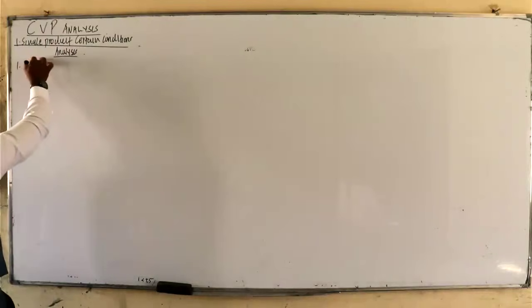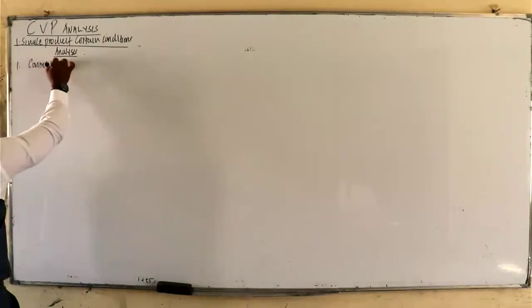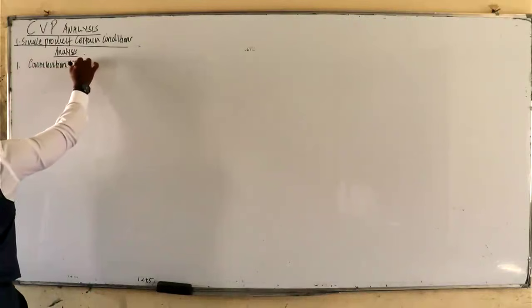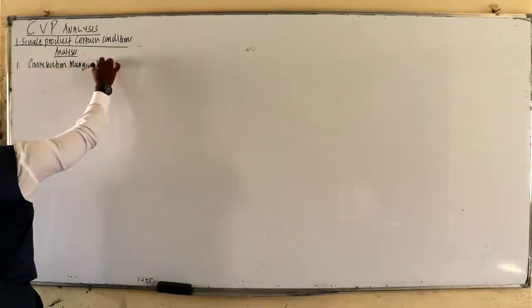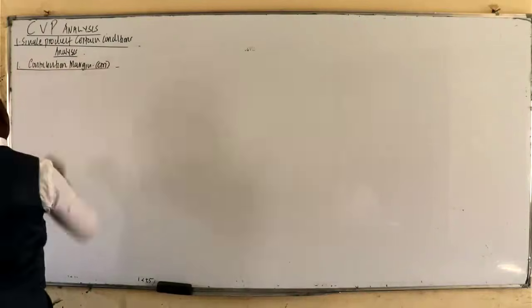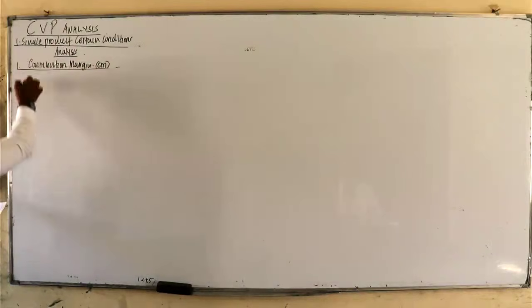Number one, how do we get the contribution margin? Contribution margin is the difference between the selling price and the variable cost. Then number two, how do you get the contribution margin ratio?